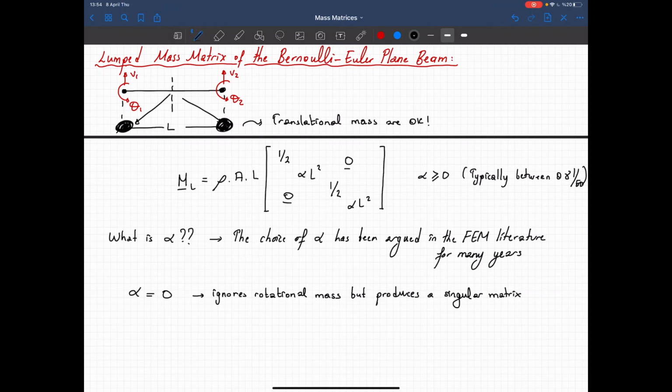Okay, that's one approach. And the other alternative is to use alpha as minus 1 over 24. So with this approach, it conserves angular momentum, but violates the positivity condition.